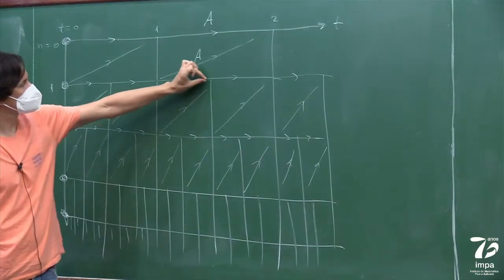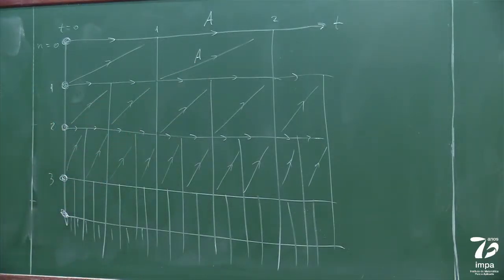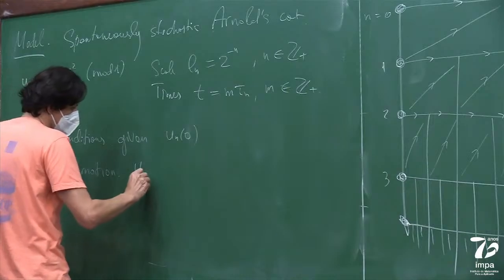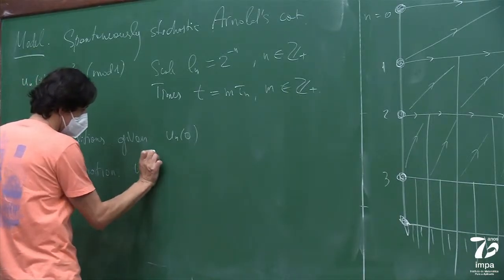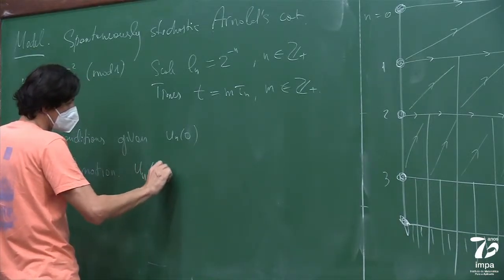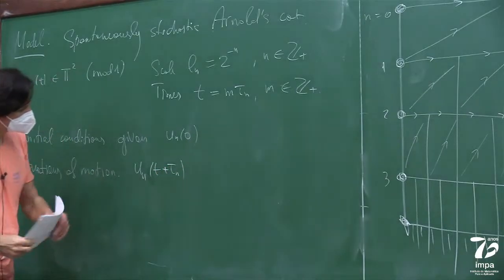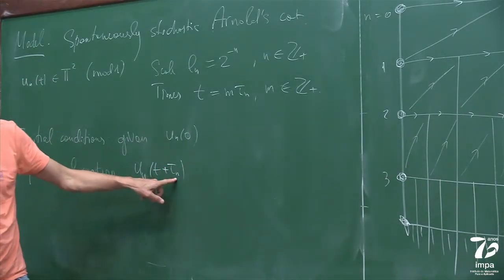So these two values give the value here. So u_n at the next time.